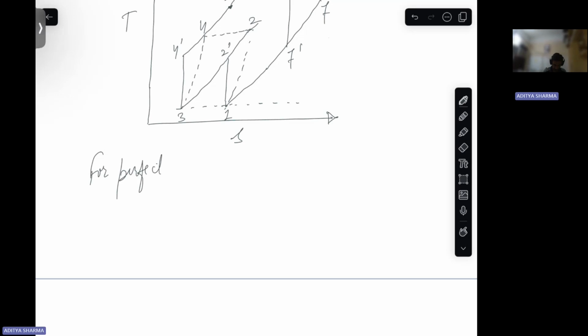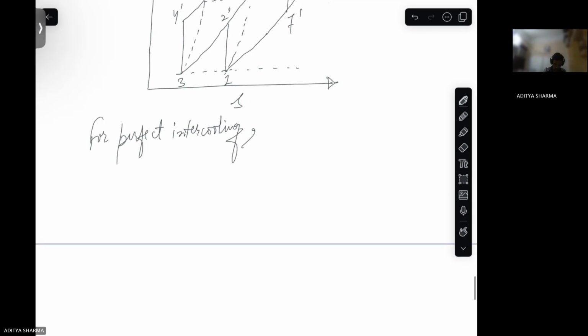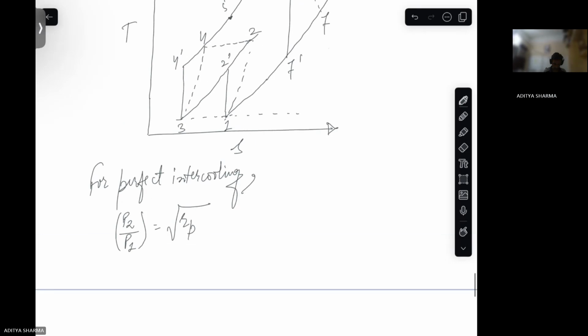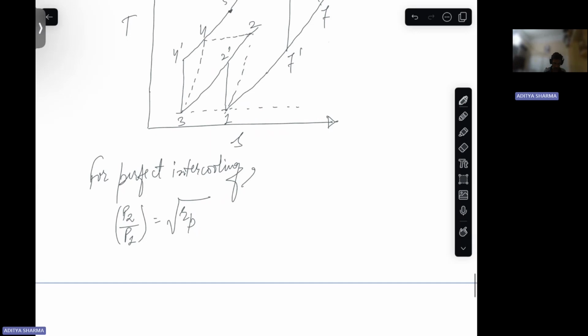For perfect intercooling, the first pressure ratio P2 by P1 is the root of the whole pressure ratio, because P4 by P3 will be equal to P2 by P1.